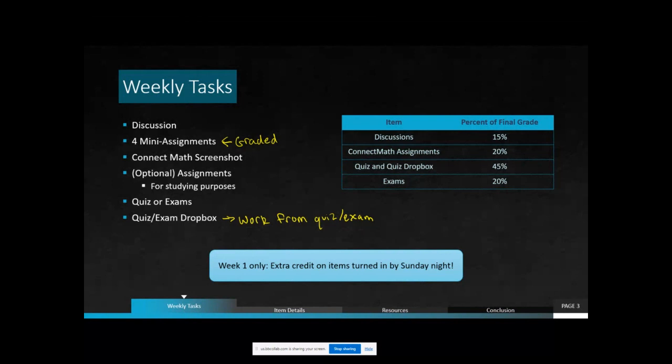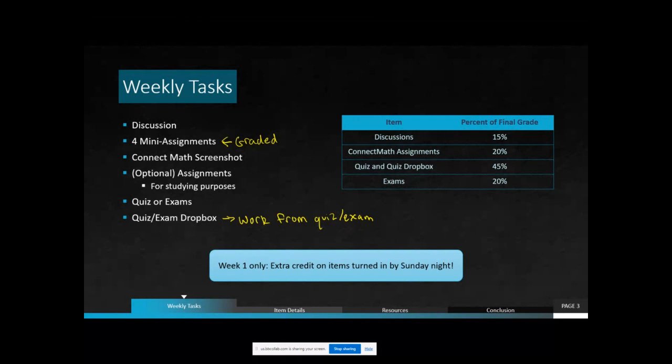You want to go to your Connect Math gradebook and take a screenshot so we can see the 4 scores you got on those mini assignments. Those scores don't transfer into the gradebook, so this is how we get the scores in: you take a screenshot, and your score entered for the screenshot will be the average of the 4 scores.